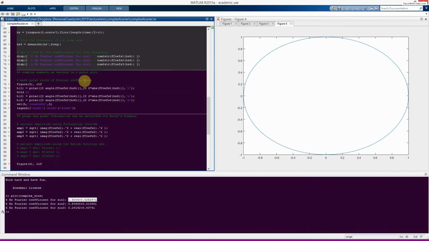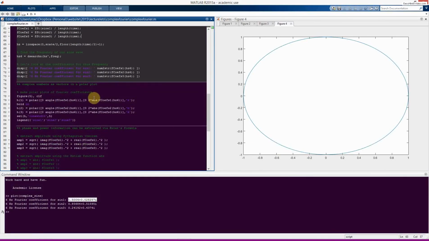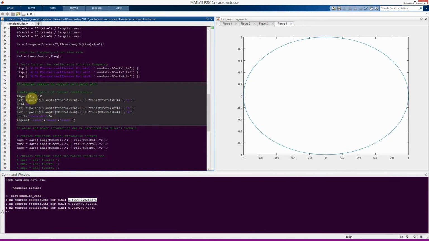Okay, so that's what we're going to do here. In this example, we will use the MATLAB function abs, which extracts the magnitude of a complex number, and the MATLAB function angle, which extracts the angle. Later on, you'll see we'll do this manually.